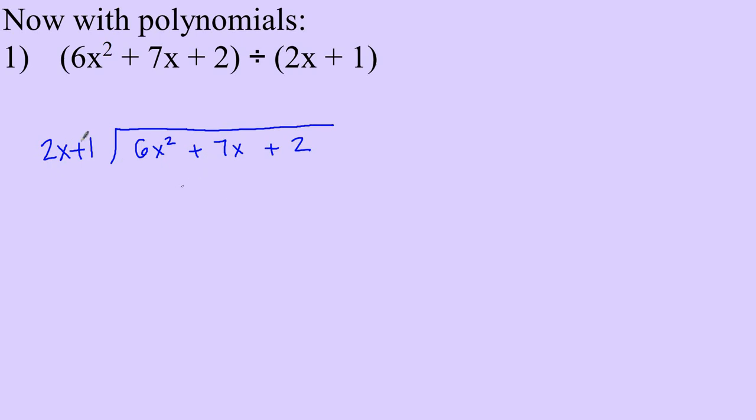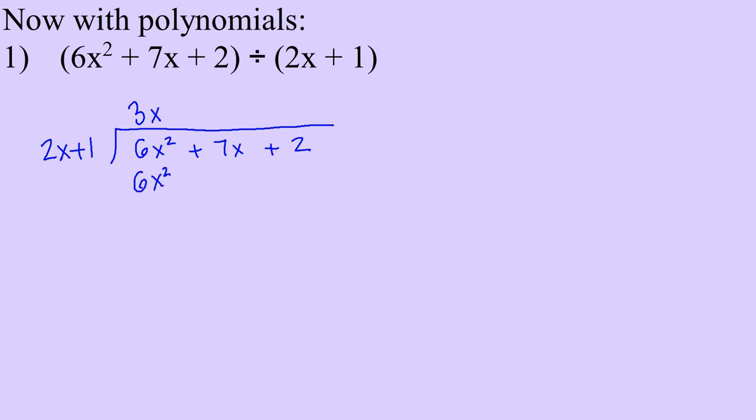Okay, so 2x can go into 6x squared. You can think of it as division, or you can think of, what times 2x will get me this? Well, 2x times 3x is going to give me 6x squared.